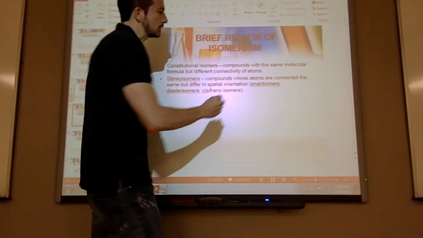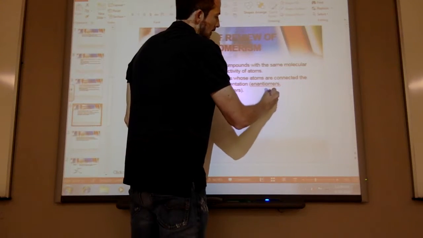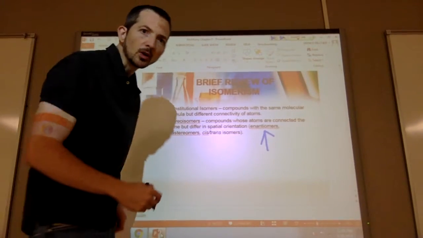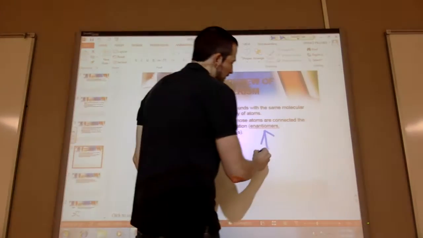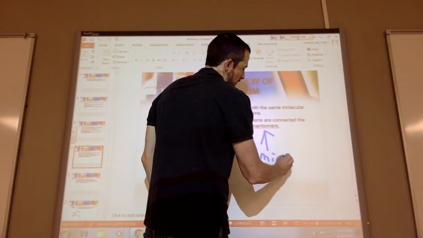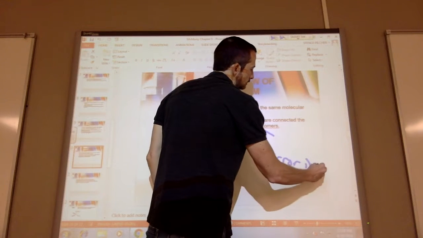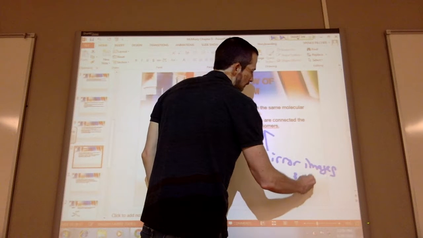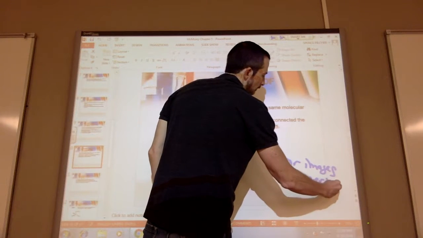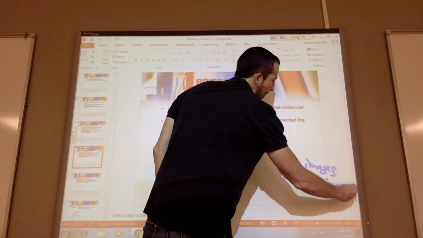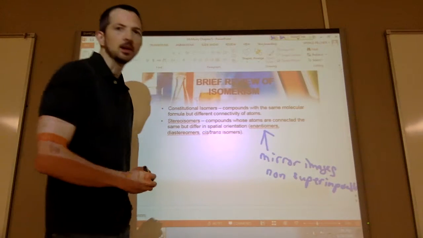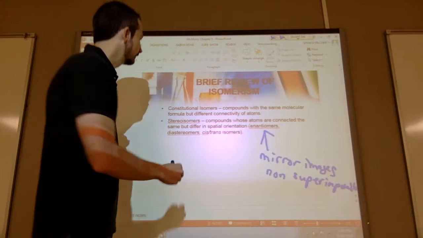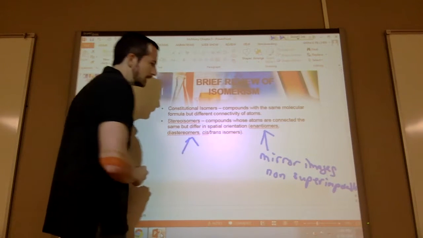So enantiomers are non-superimposable mirror images. So they're mirror images of one another, but you cannot superimpose them.